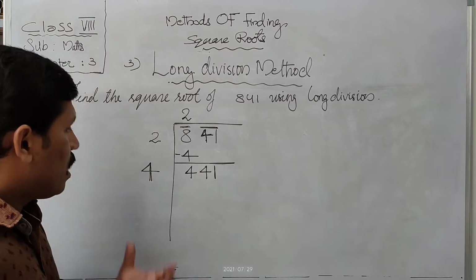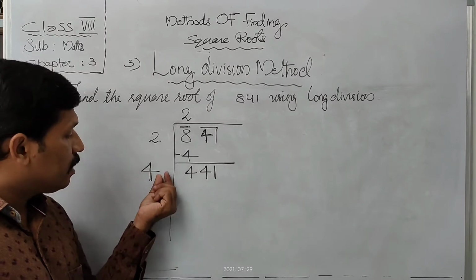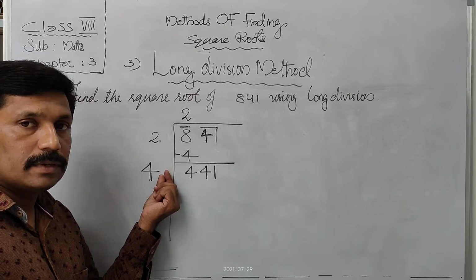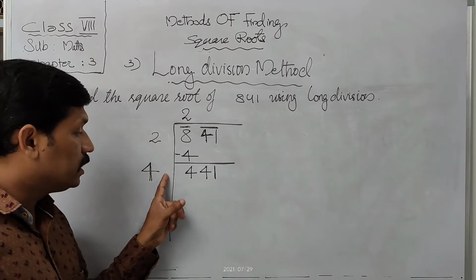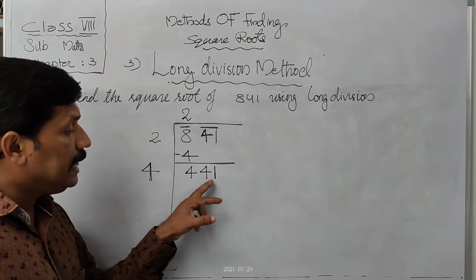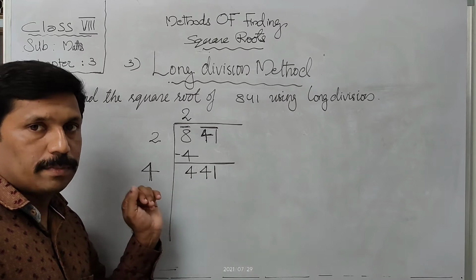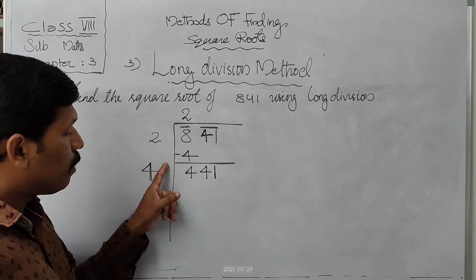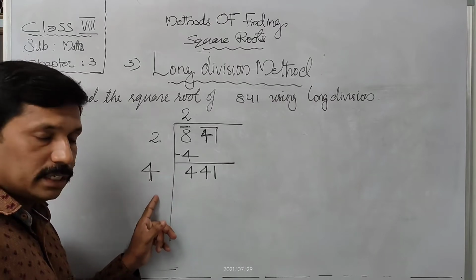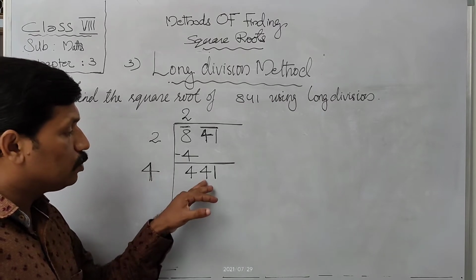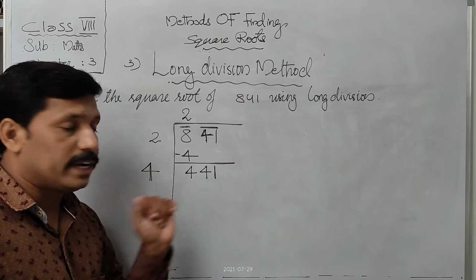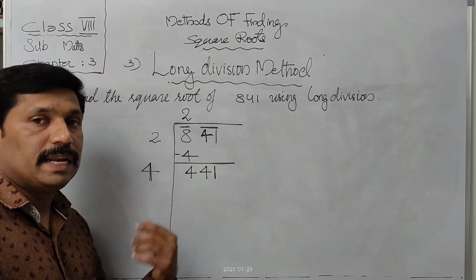Okay. Then after writing this 4, we have to find a digit such that when we multiply this number by that digit, the result will be equal to this number or less than this number. When we multiply this number with the digit, it will be equal to this 441, or less than this one.